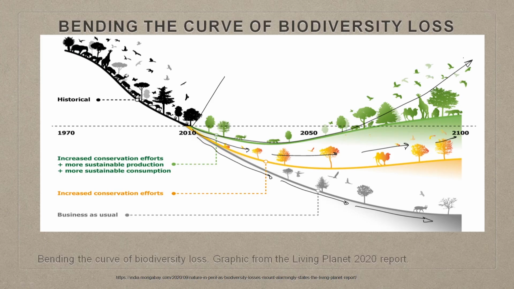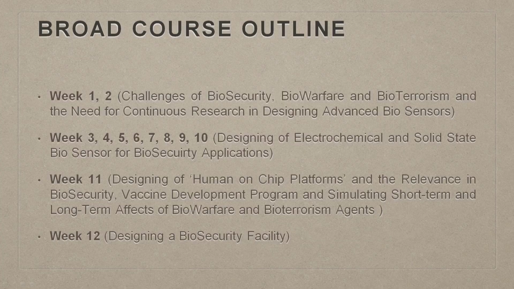Otherwise, there will be some serious issues in terms of food production, in terms of health risk, in terms of production of multiple products which human beings need for survival, and especially those that come from forests and other natural resources. So, with this basic introduction, I move on to the next slide.